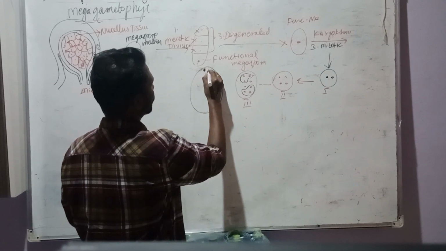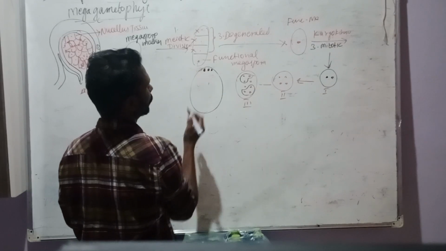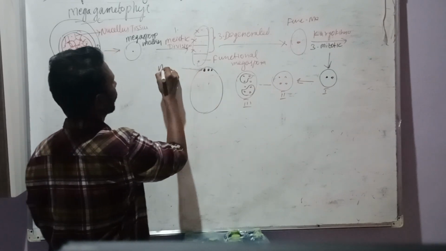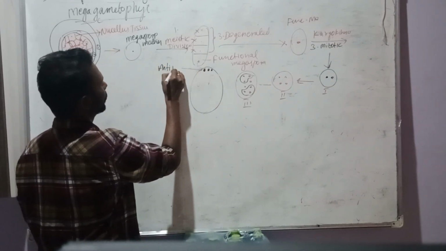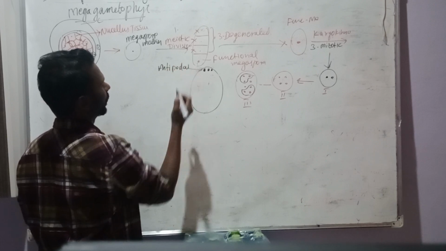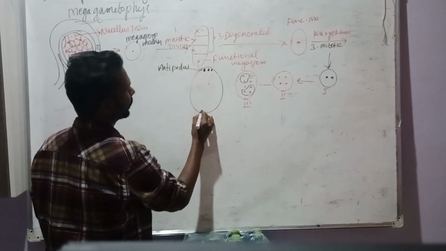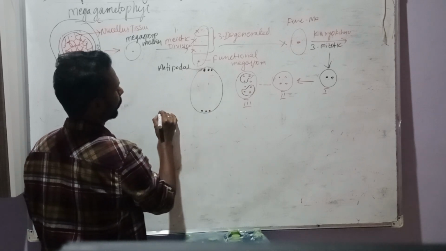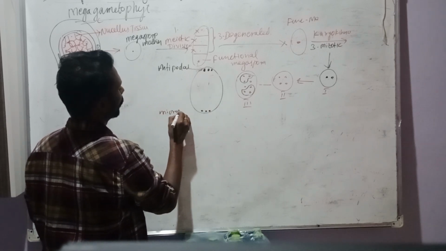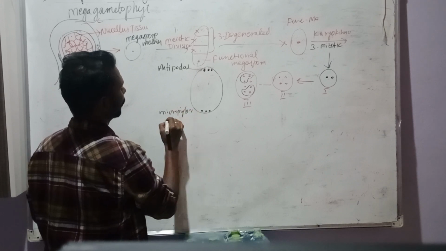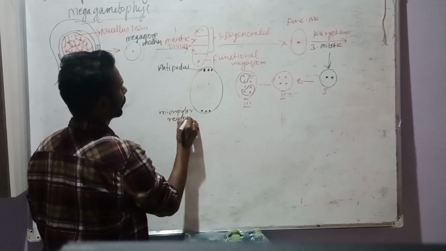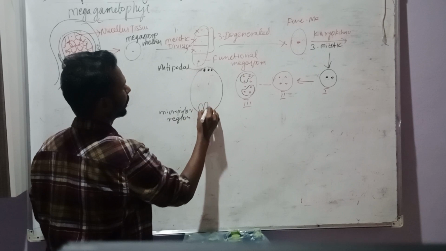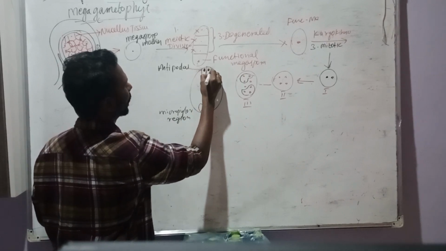The 3 cells move to the antipodal region, and the other 3 move to the micropylar region, and they make a cell wall around them.